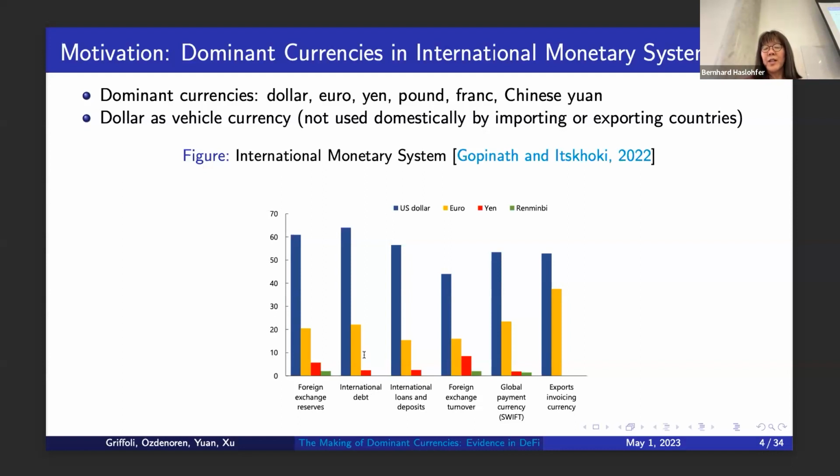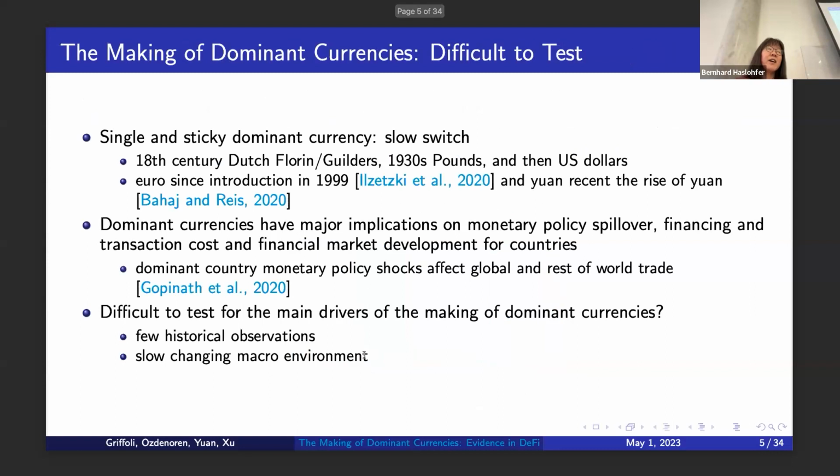So why do we care about dominant currency? Well, obviously it has major implications for optimum monetary policy design, because there will be monetary policy spillover from the dominant country to the rest of the world, and also for financial development and transaction cost, etc. I came to this topic mostly from the design of CBDC perspective.